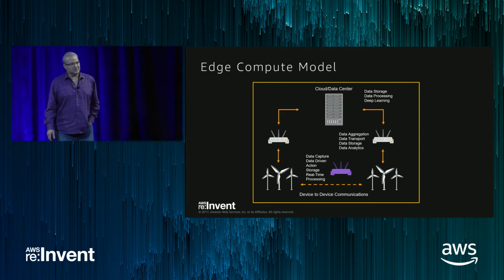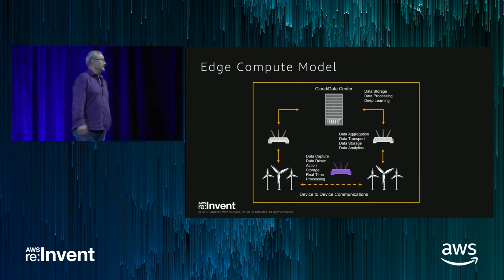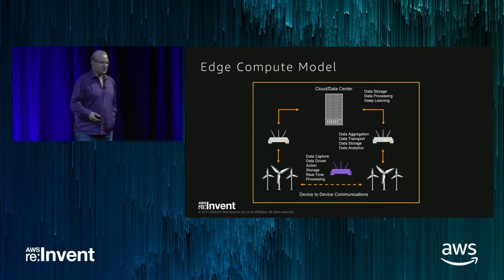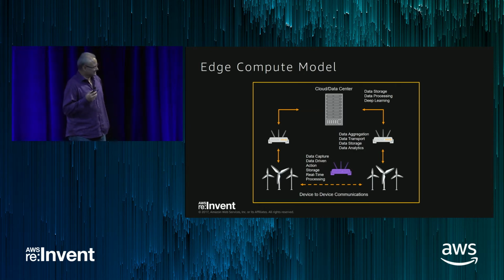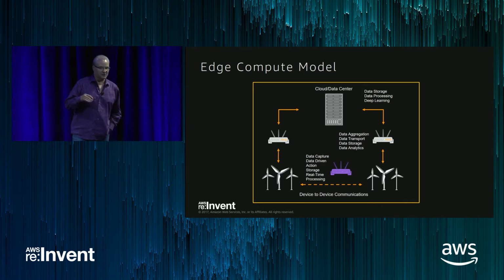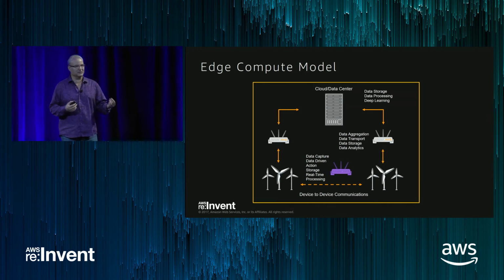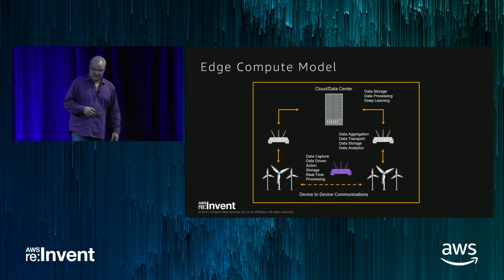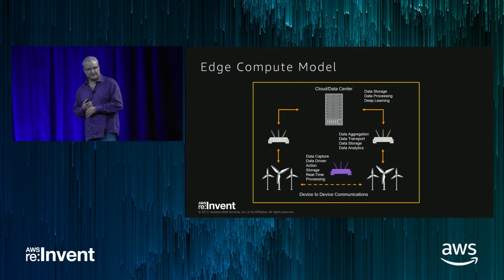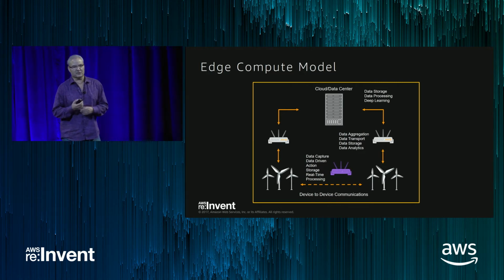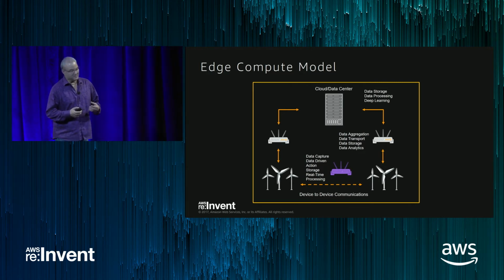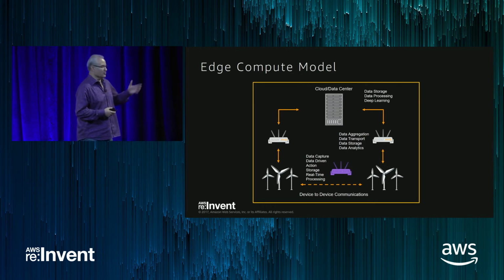As we look at the edge compute model, we see some changes taking place with respect to the overall architecture. Fundamentally, it still looks the same, but you'll notice that what's happening gets pushed further down. At the end of the day, it is edge processing: what can we do physically on the edge? Down at the wind turbine generators, we now have that information for maybe doing some real-time storage and real-time processing.